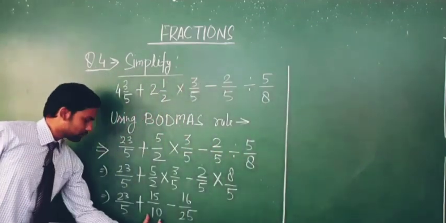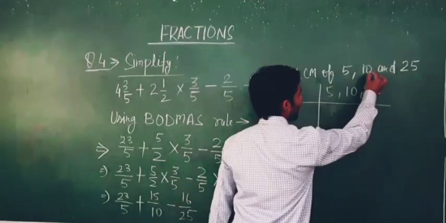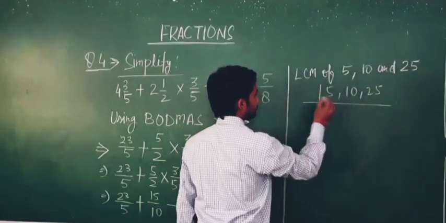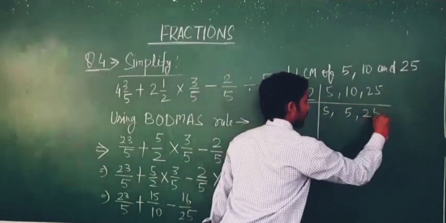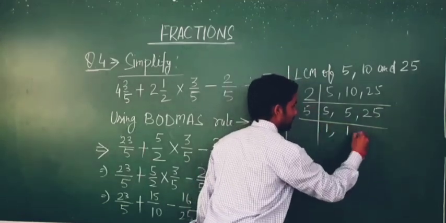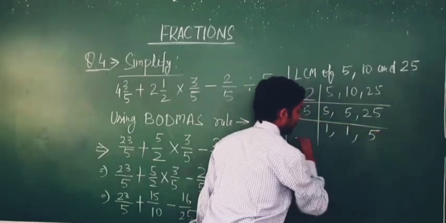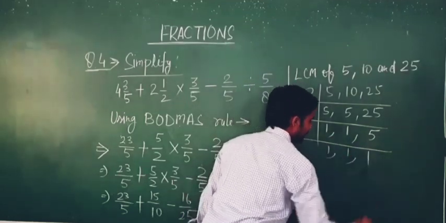Then we find the LCM of 5, 10 and 25. 5 ones are 5, 5 ones are 5 and 5 fives are 25.